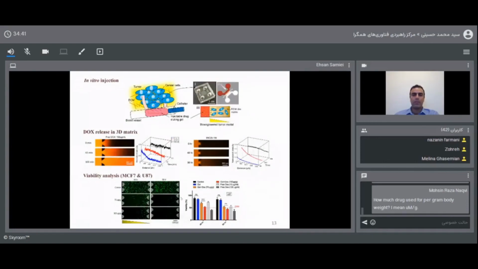The viability analysis also showed that the gel without the drug did not show significant cell death, which is great and shows that the nanocomposite is biocompatible, whereas the drug-loaded hydrogel at different concentrations showed a significant increase in cell death, or reduction in cell viability.